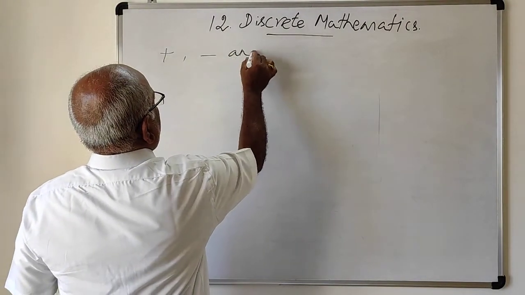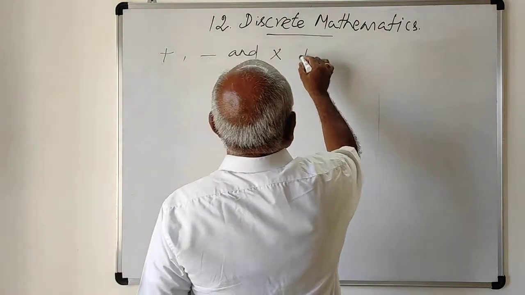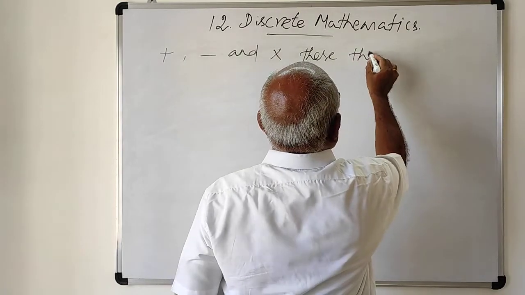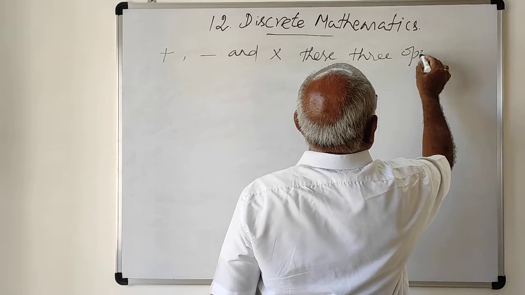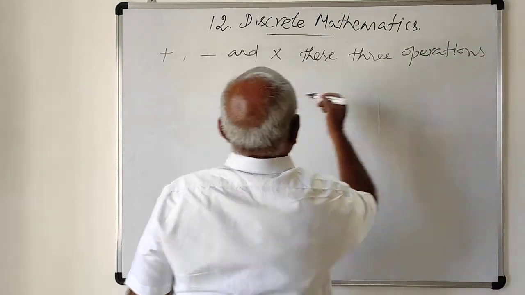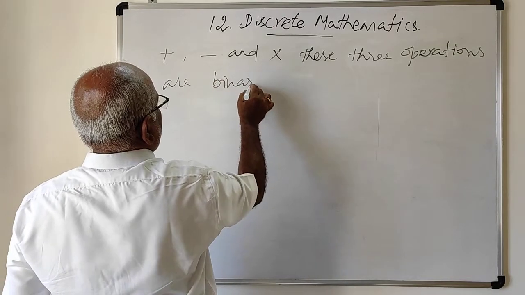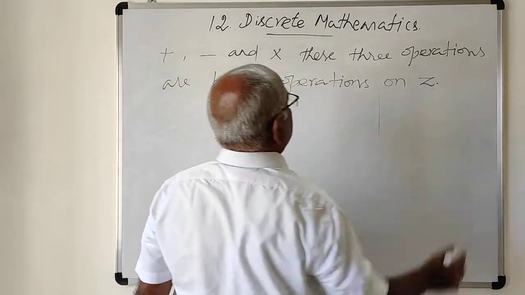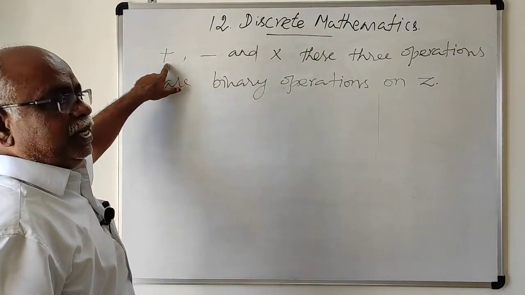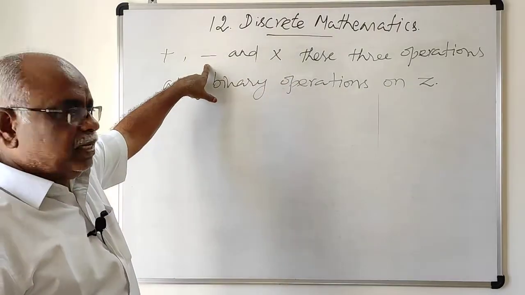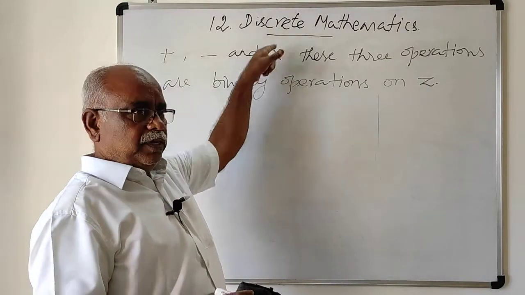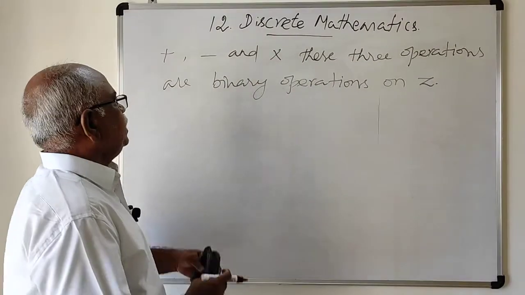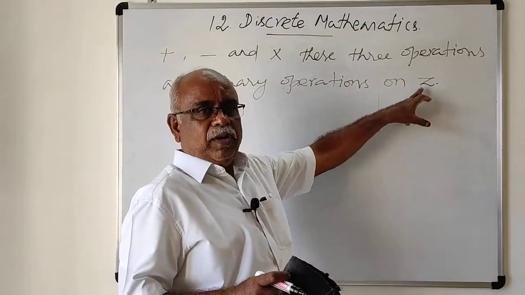Addition, subtraction, and multiplication, all these three operations are binary operations on Z, because addition of two integers is again an integer, subtraction of two integers is again an integer, multiplication of two integers is again an integer.